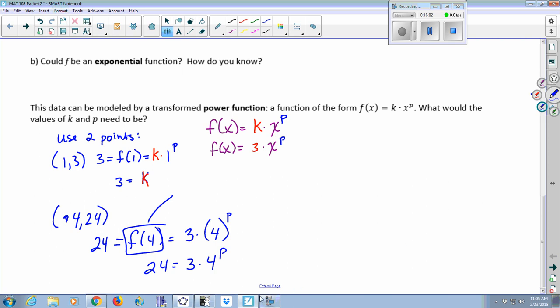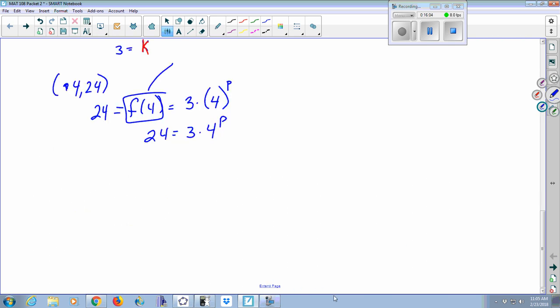We don't have to freak out anymore because we know how to solve these equations. We divide both sides by 3, and we get 8 equals 4 to the p. So how do I solve for p? Logs. Common log or natural log, it's up to you. Natural log of 8 equals the natural log of 4 to the p.